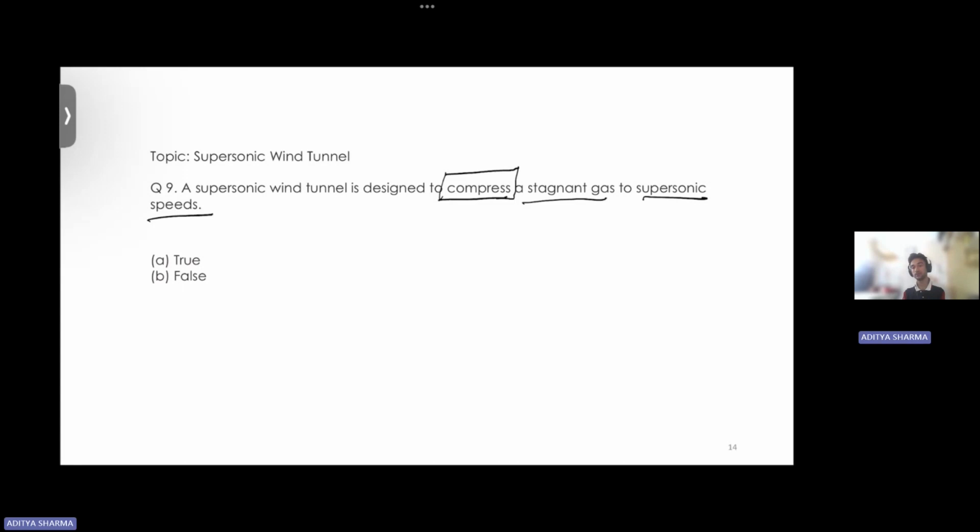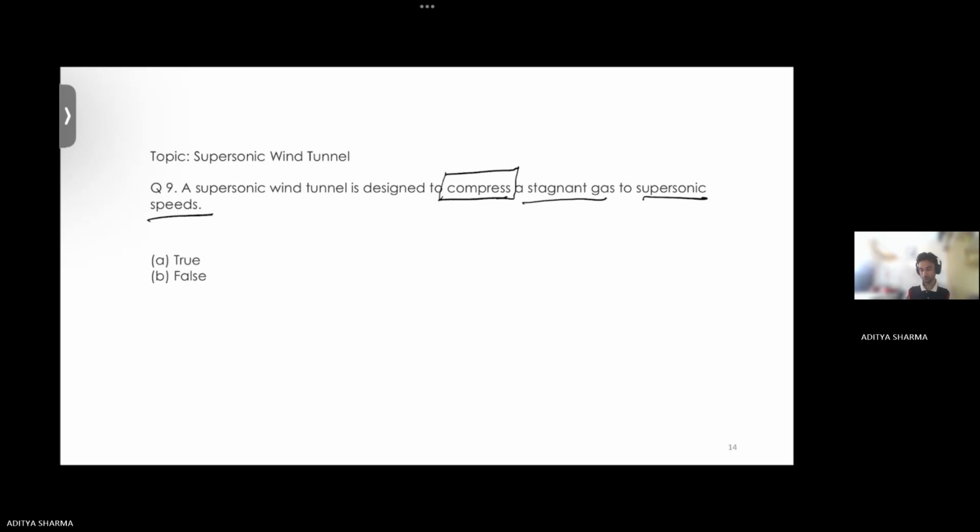Because when we discussed shocks, we clearly saw that a shock is a phenomenon by which we can compress, right? And the major consequence is a reduction in the velocity, right? Because of compression in the shock, we see a decrease in the velocity.